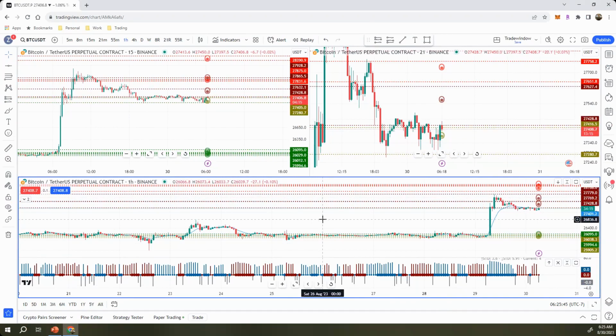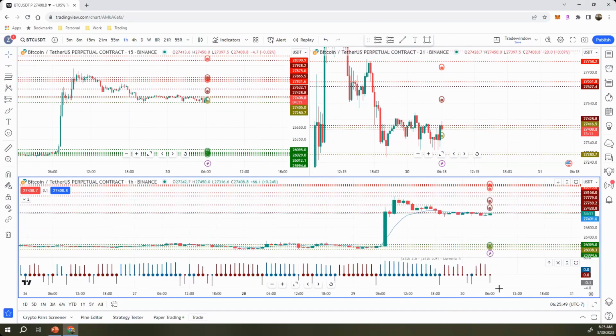Looking at Bitcoin right now on the hourly, we see that it is an unconfirmed climate. So that means we don't have any trades to put on right now. Everything has been unconfirmed, right? The time when this massive move happened from the 26s to the 27,000s, right there, it was on the second, and as you see, we did have an indication of an up climate.